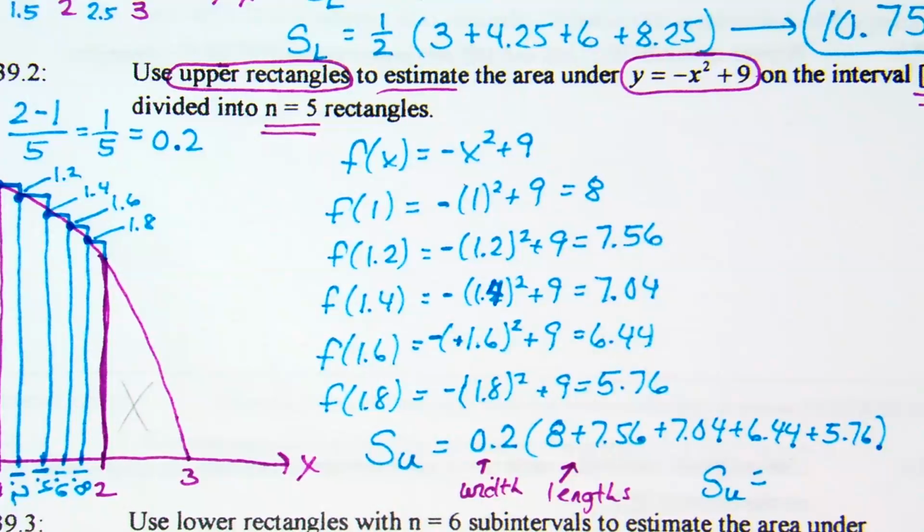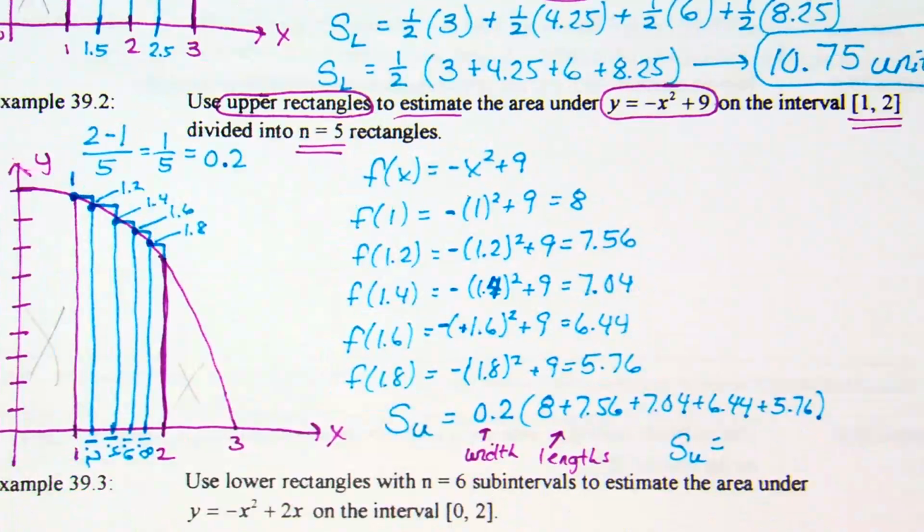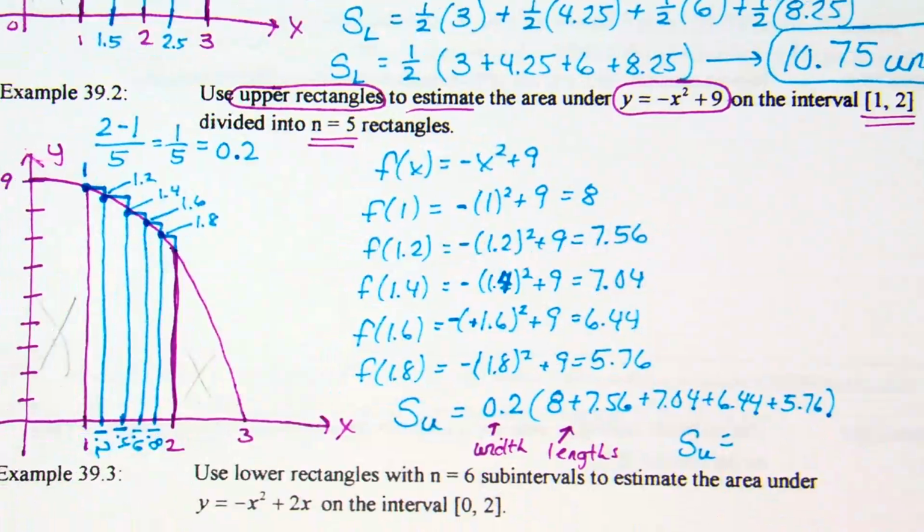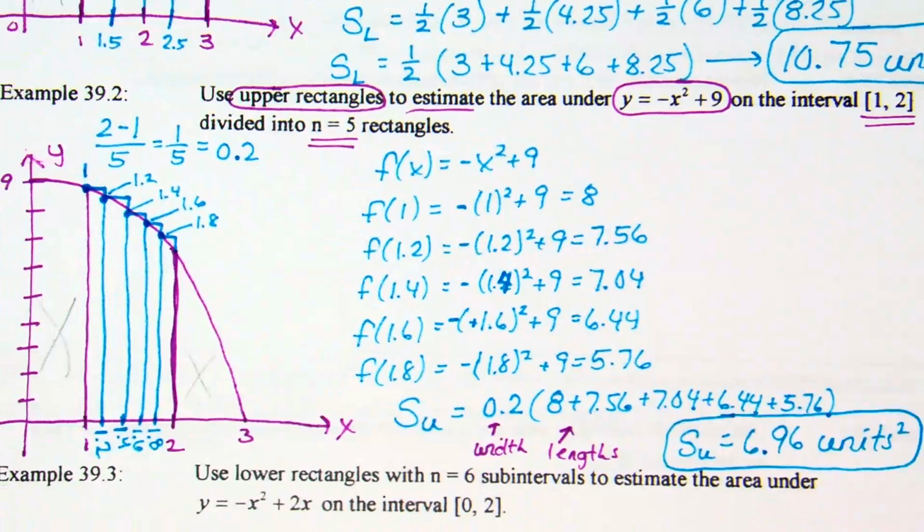Add up all those lengths, right? 8 plus 7.56 plus 7.04 plus 6.44 plus 5.76. I have written down 6.96 units squared.